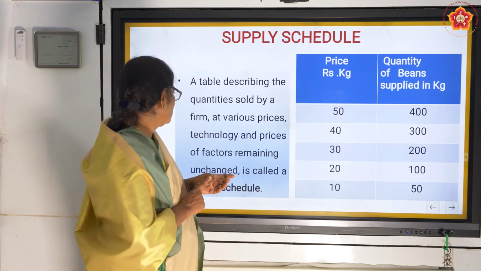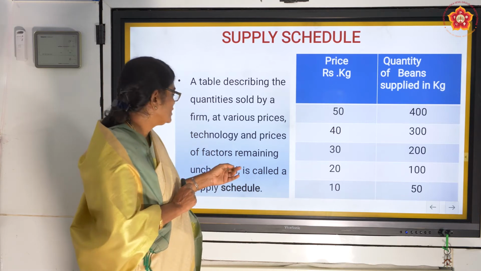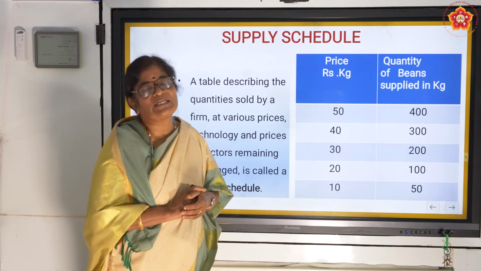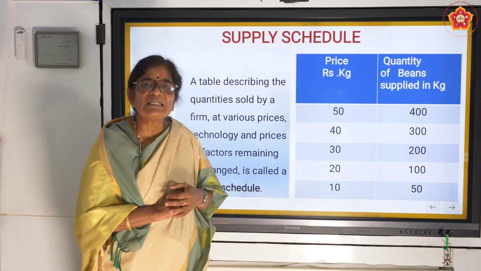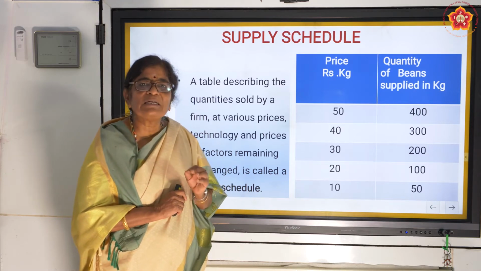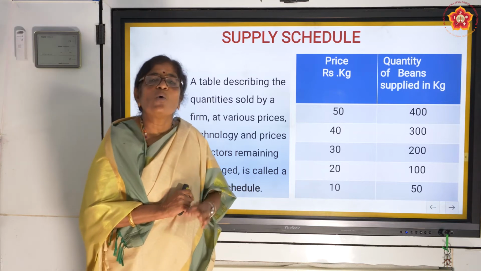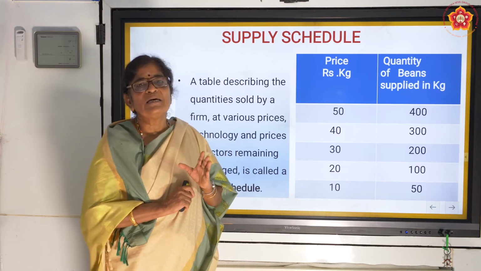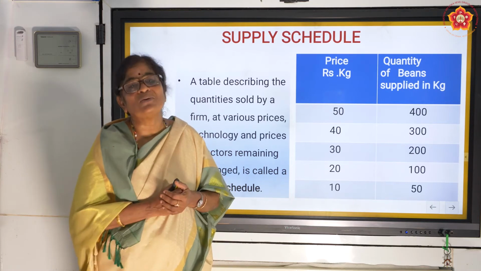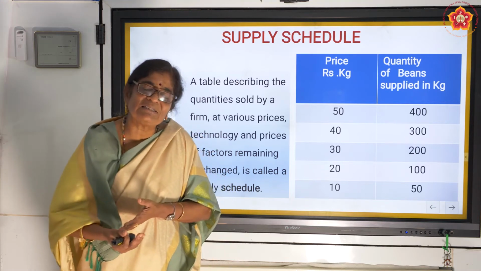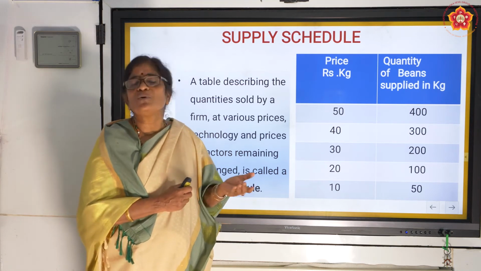The given technology as well as the given prices of the factors of production. We have seen that a production function is defined only for a particular technology. When the technology changes, the output also changes.